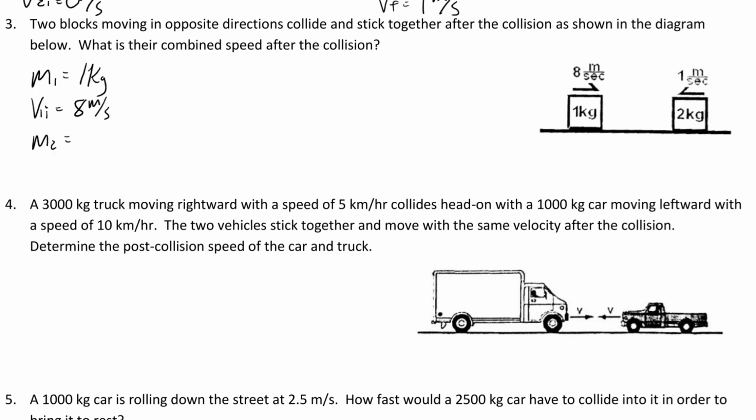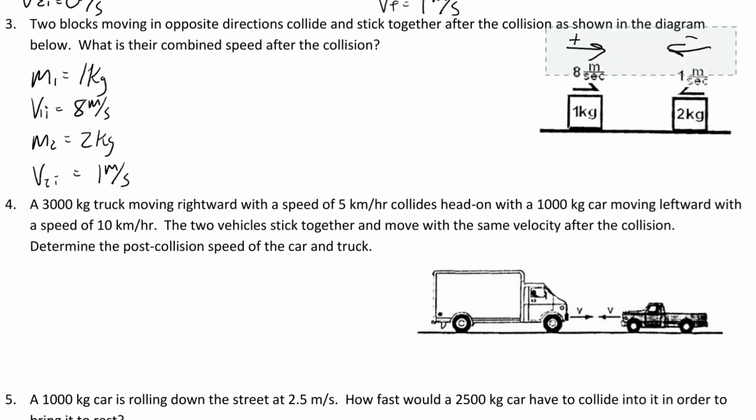M2 is equal to 2 kilograms, and its initial velocity is 1 meter per second. But did you guys catch the trick? It's moving in the opposite direction. This is to the right, so it's positive. This is to the left, so it's negative. We have to make it negative to show that they're going to collide into each other.